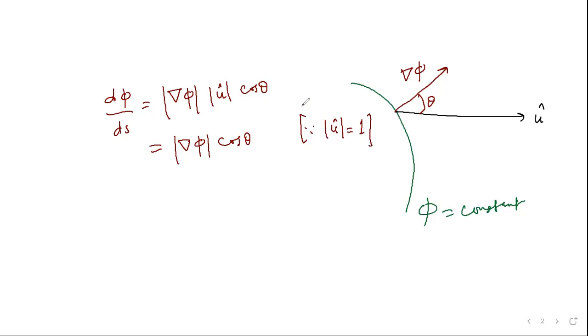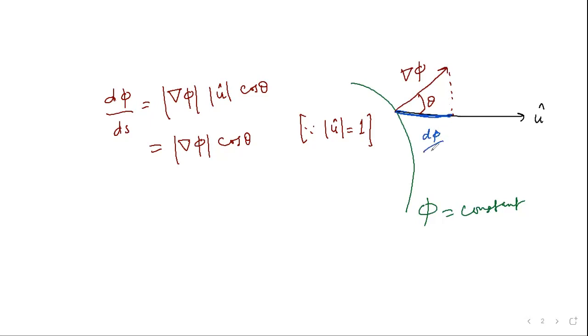So see, you can see d phi by ds is actually the component of gradient of phi along u cap. See how? If I draw a perpendicular from the tip of del phi, let me use another color, then this projection, this length is what?